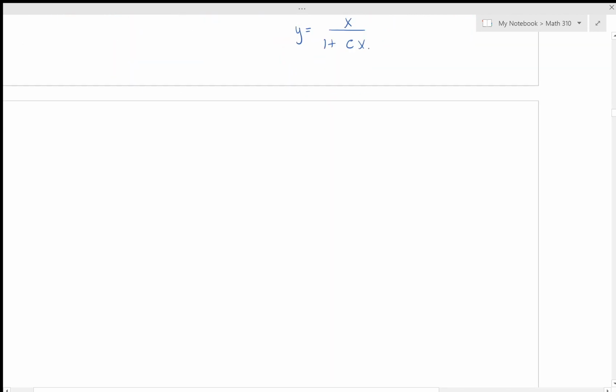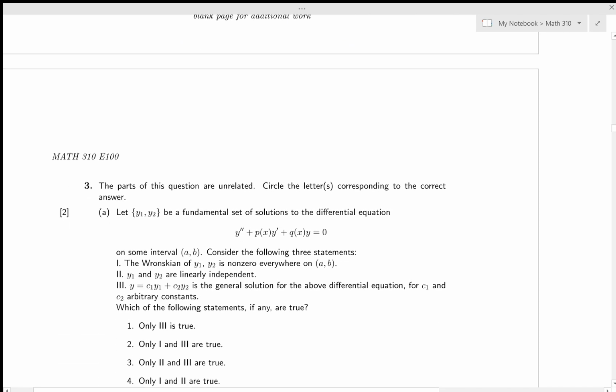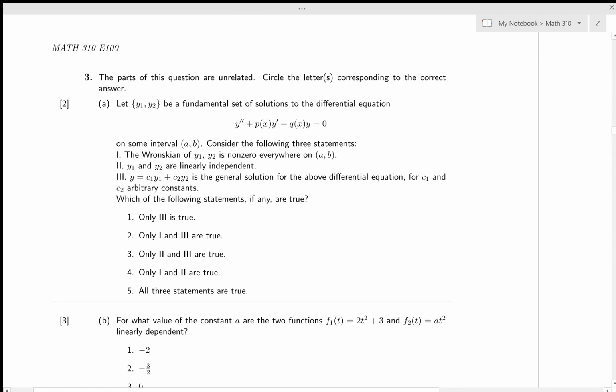Okay, next, question number 3. Again, we notice the parts of the question are unrelated, and we want to circle the letters corresponding to the correct answer. So here's a statement. Let y1 and y2 be a fundamental set of solutions to a differential equation, which we notice is linear, homogeneous, and it's on some interval a, b.